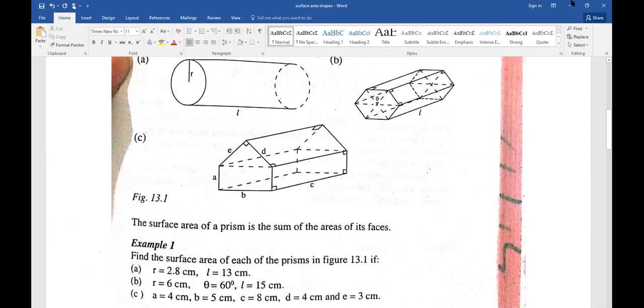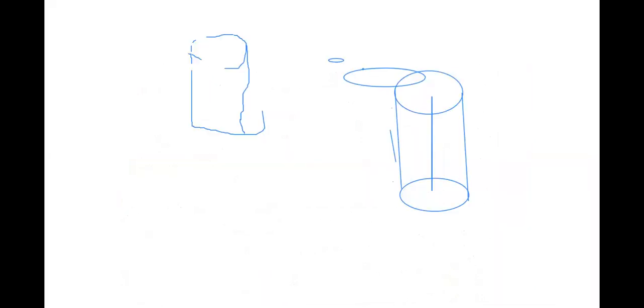So I'll draw it for you on the whiteboard. Let me see whether I can very quickly draw it on the whiteboard. Yeah, let me clear here.